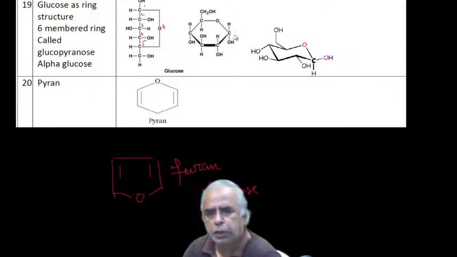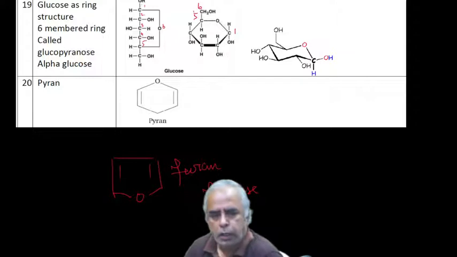So we can mention like this, this is the first carbon atom, and this is the sixth carbon atom, this is the fifth carbon atom. So there is an interlink between 5 and 6, there is an oxy link, an ethereal link between the first carbon atom and the fifth carbon atom. Are you able to understand?